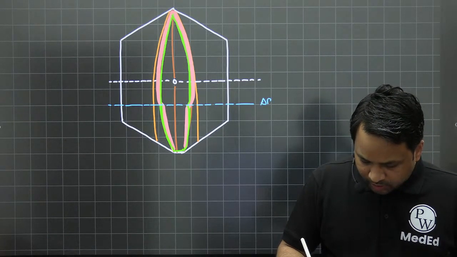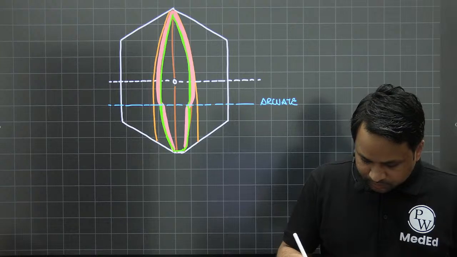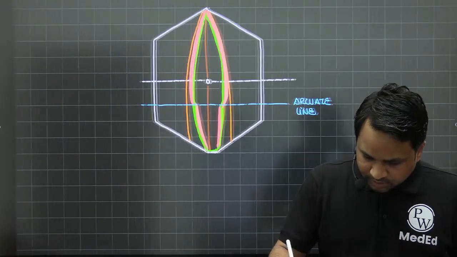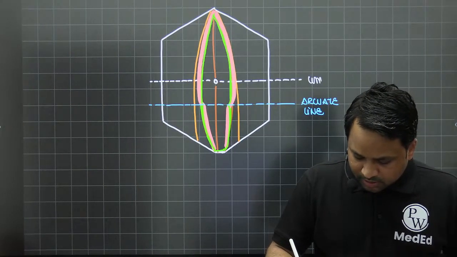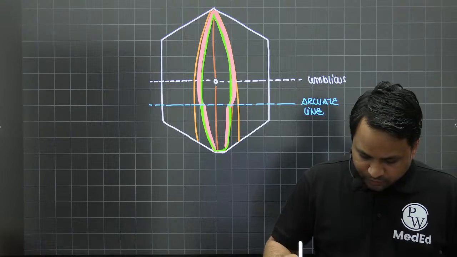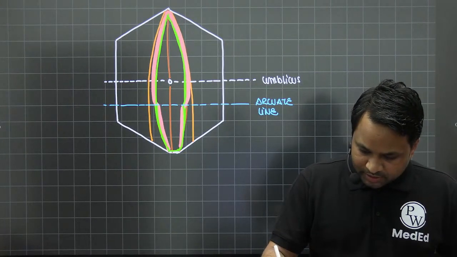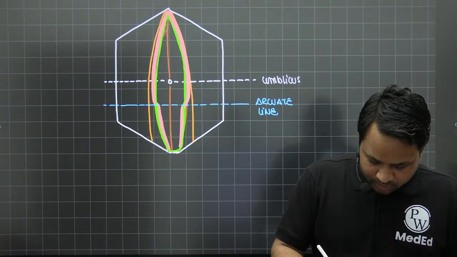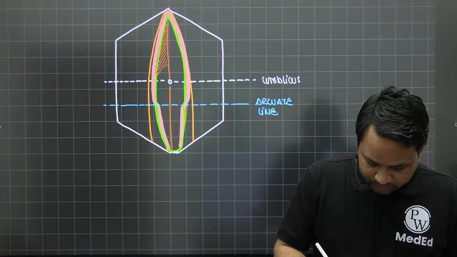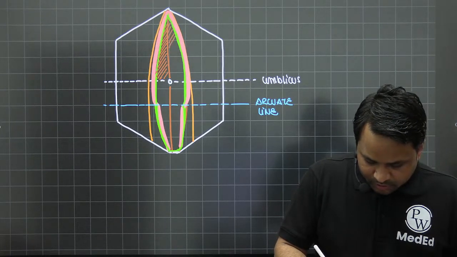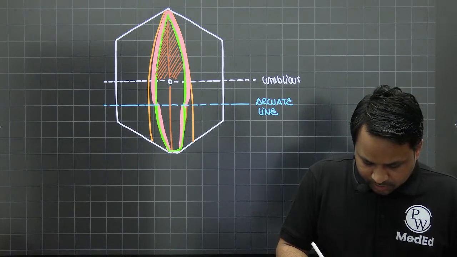This is what we call the arcuate line, and this is your umbilicus, right? So no confusion at all. Just for the sake of understanding, this is your rectus abdominis muscle.